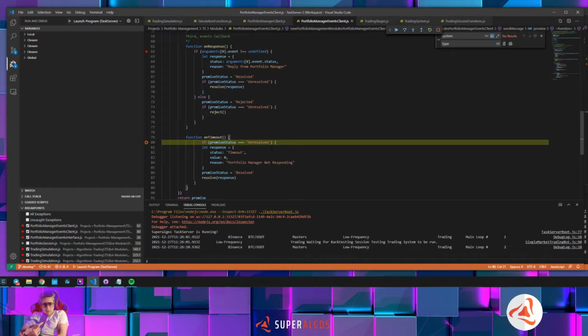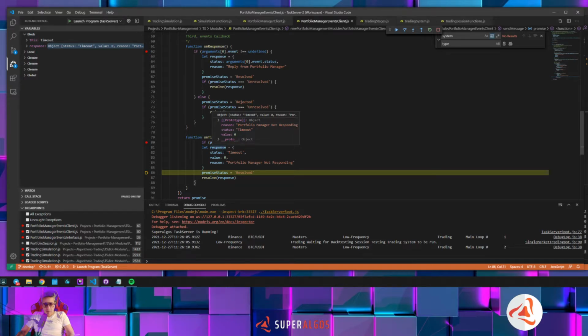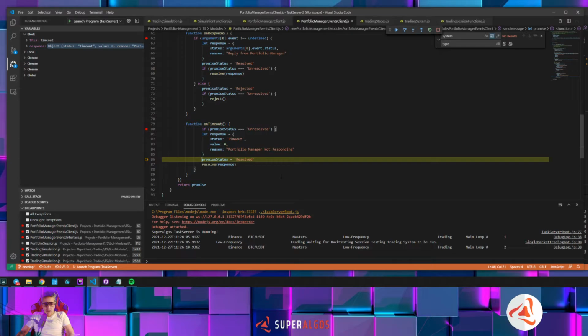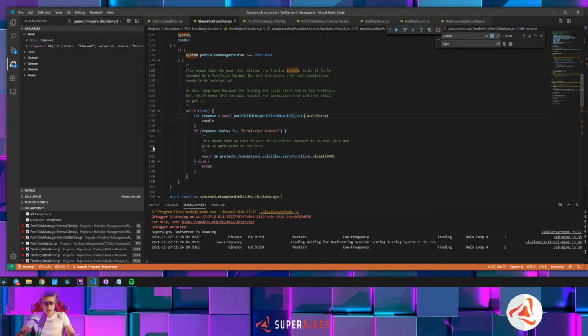we will work through this workflow. So this workflow says that if status is unresolved, this guy will come here, generate a timeout, performance is not responding, change the status to resolved, and it's going to go back somehow.